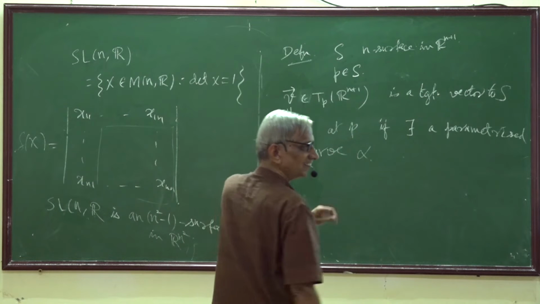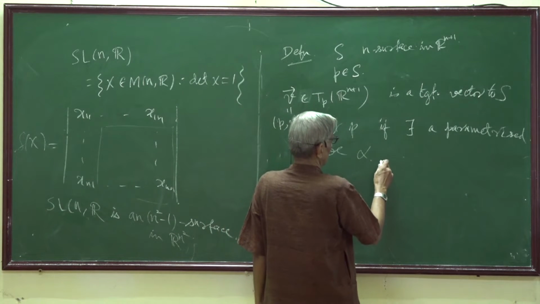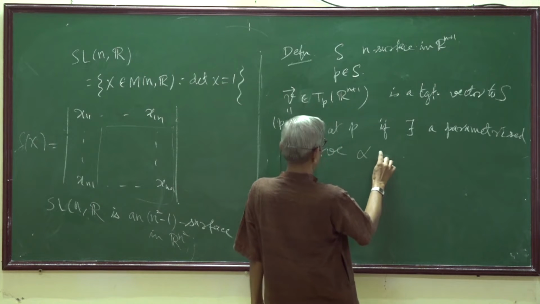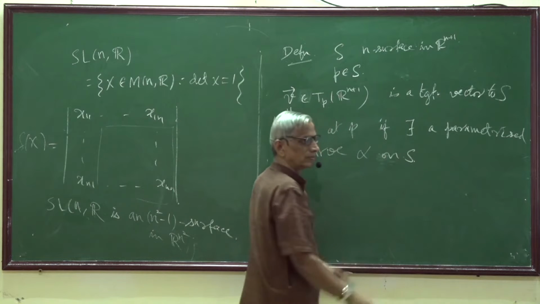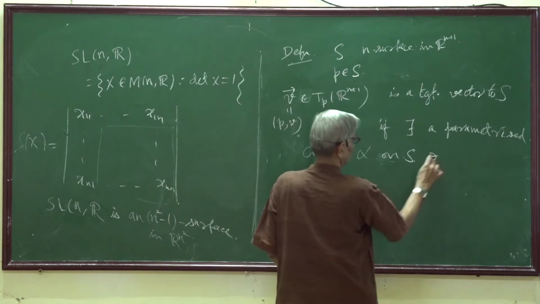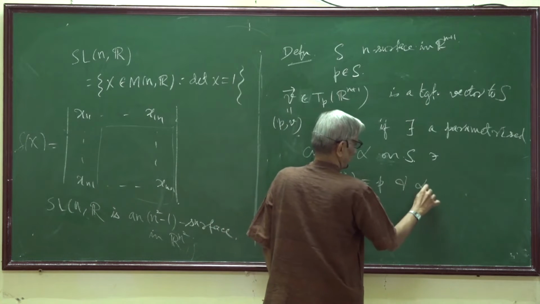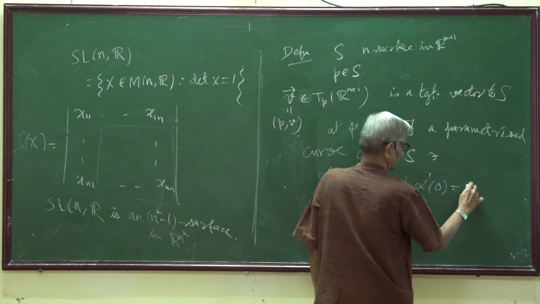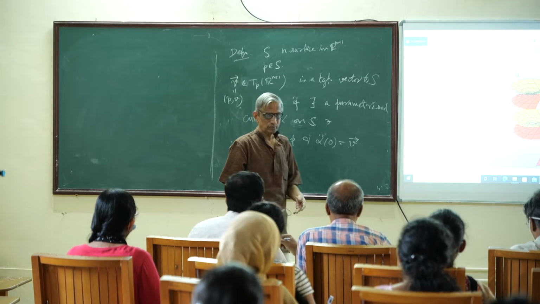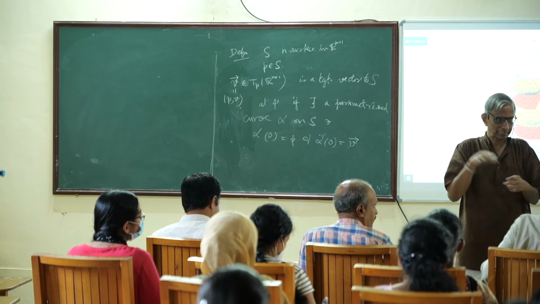So I will write alpha, such that alpha is on S, that means alpha(t) lies in S for every t, such that alpha(0) is P and alpha prime(0) is the vector V. So we are using these arrows for tangent vectors and vector fields, right?